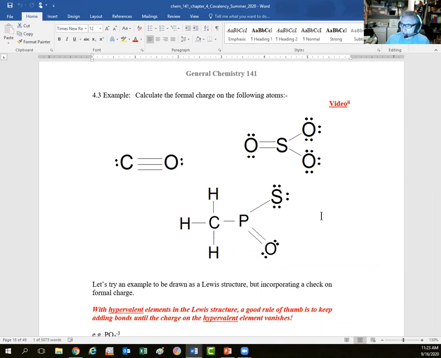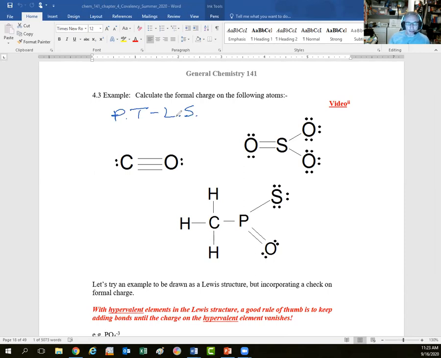Okay, let's take a kind of 5-minute break or so. And while you're on the break, just take a look at these structures and work out the formal charge for each of the atoms in this molecule. Remember, it's a comparison of the periodic table position for the element compared to the electron count in the Lewis structure.